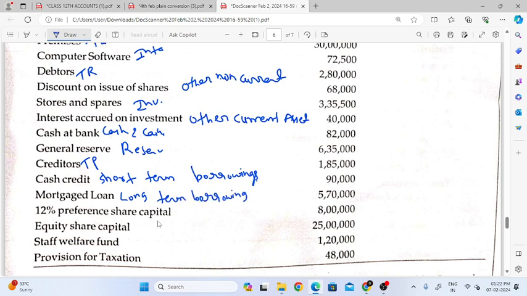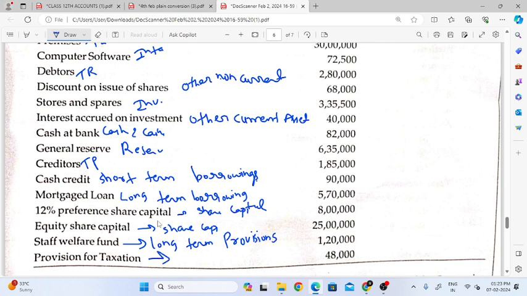Then 12% preference share capital will go in share capital. Equity share capital, also share capital. Staff welfare fund is your long term provisions. Then provision for taxation is your short term provision.